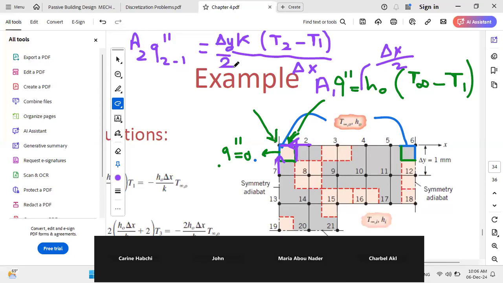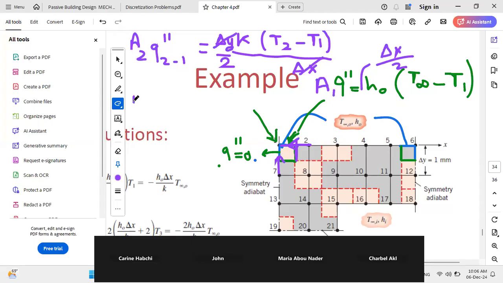Now, if you have a uniform grid size, so delta x equals delta y, then you can simplify these two terms. The same applies for conduction coming from cell 7.